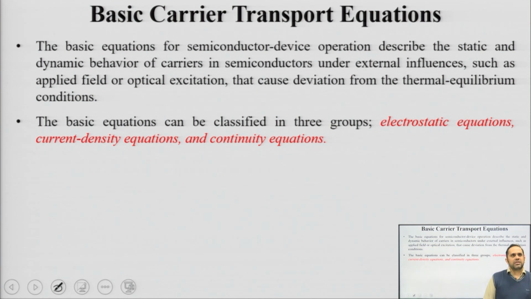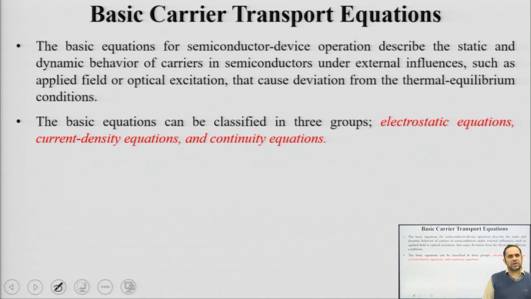Okay. The basic equations, these describe the static and dynamic behavior of carriers under external influences and also at equilibrium condition. Okay. So, you may have applied external electric field, there may be a source of optical excitation available, okay, or the semiconductor might just be at thermal equilibrium.